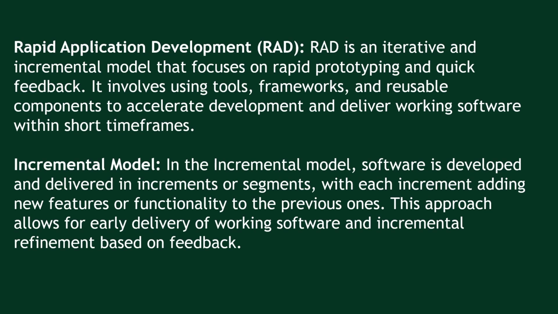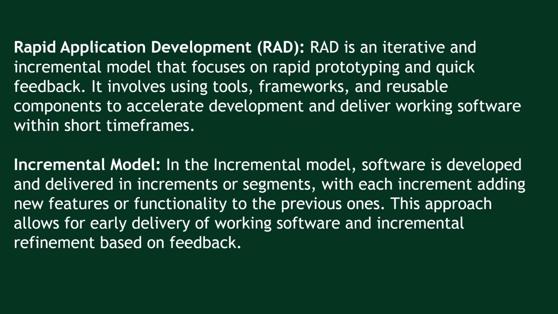Rapid Application Development, RAD. RAD is an iterative and incremental model that focuses on rapid prototyping and quick feedback. It involves using tools, frameworks, and reusable components to accelerate development and deliver working software within short timeframes. Incremental model.